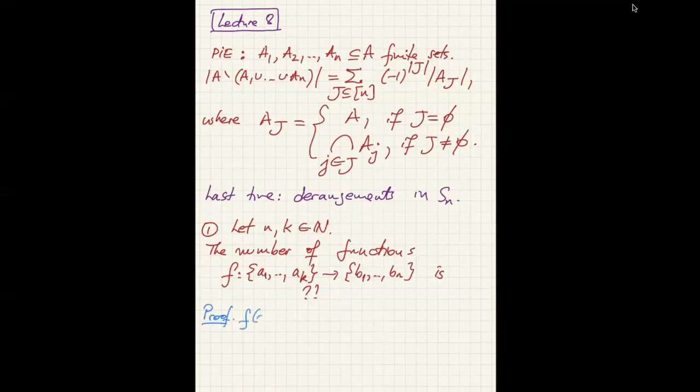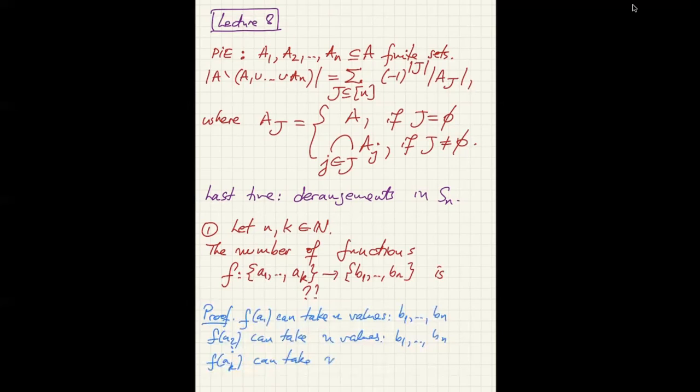We look at f of a1. F of a1 can take n values, namely it can be anything from b1 all the way to bn. Similarly, f of a2 can take n values, and all the way to the end. F of ak can take n values, b1 to bn.